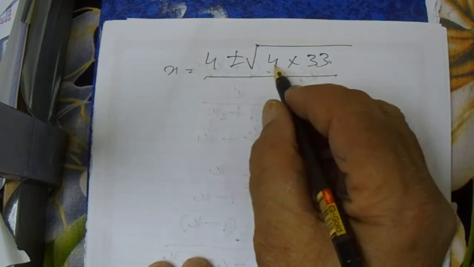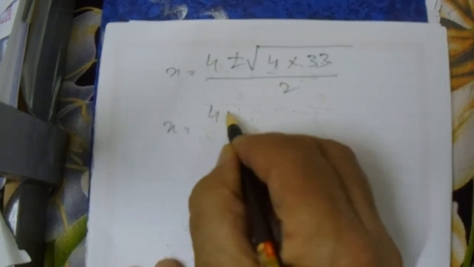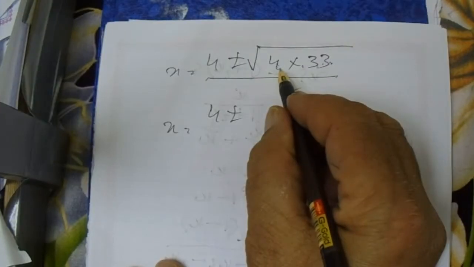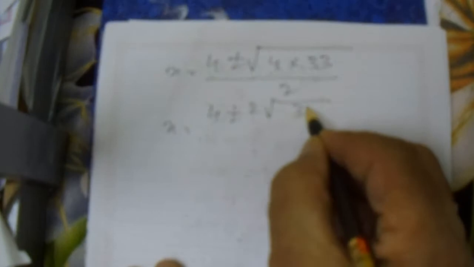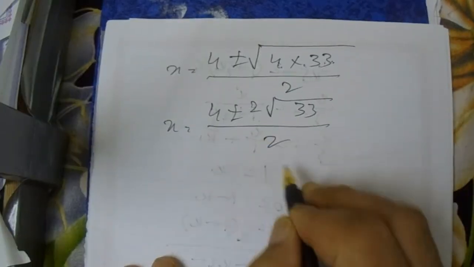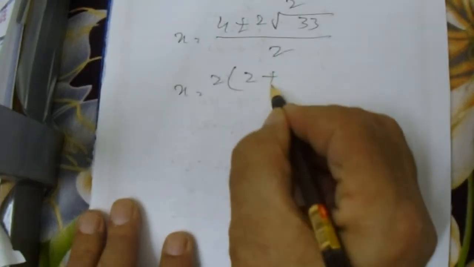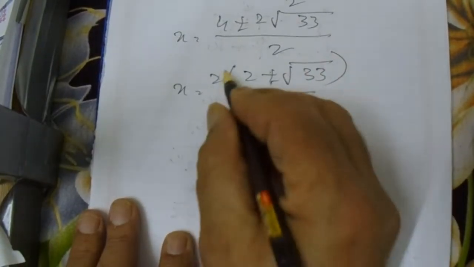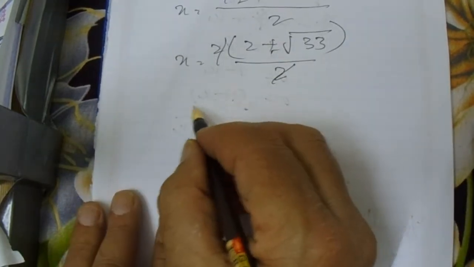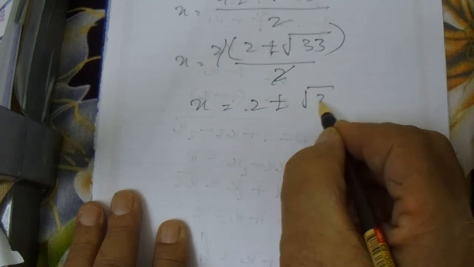So we write 4 multiplied by 33, and we take the square root of 4 as 2 outside of this, and we write this 33, over 2. We take common 2 from this, 2 plus minus under root 33, and in the denominator 2. 2 will cancel 2, and we have only x is equal to 2 plus minus under root 33.